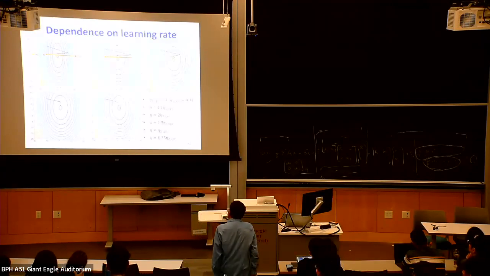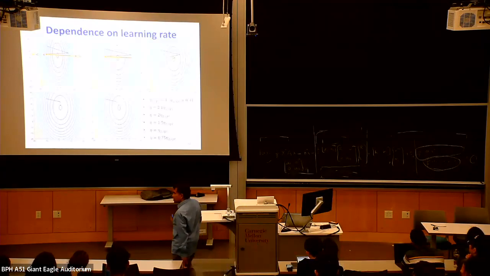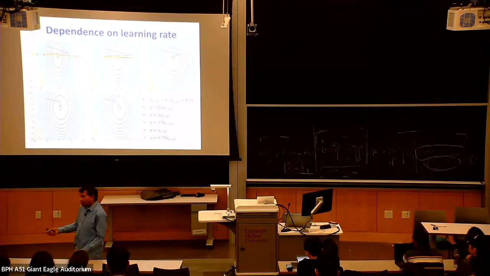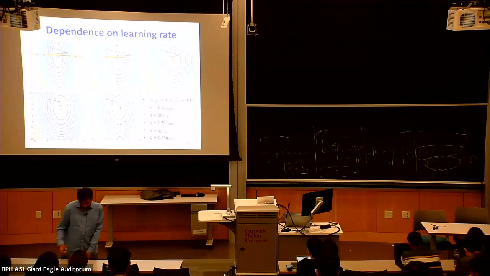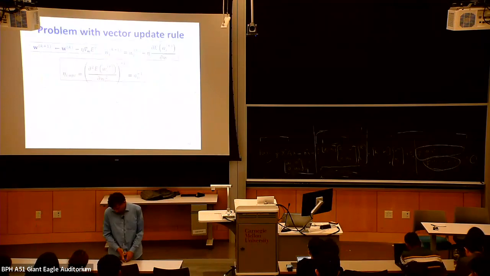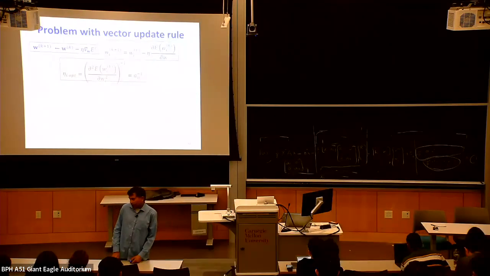Now, what happens? Here's an example. This is a function of two variables. The curvatures for the two sides may not be the same, right? And so, when I'm using gradient descent, I'm using the same step size for every variable. I'm taking a step against the gradient.